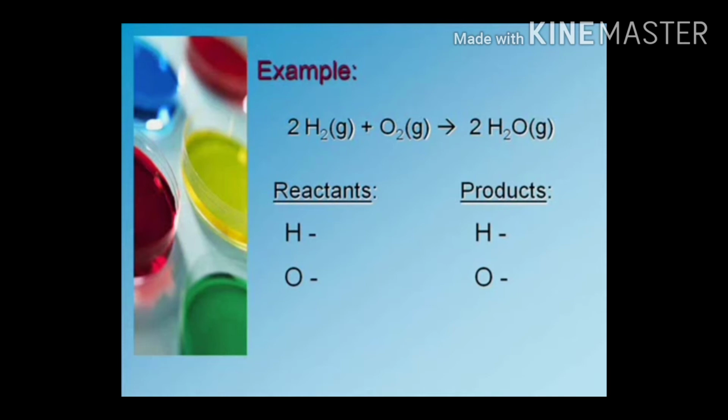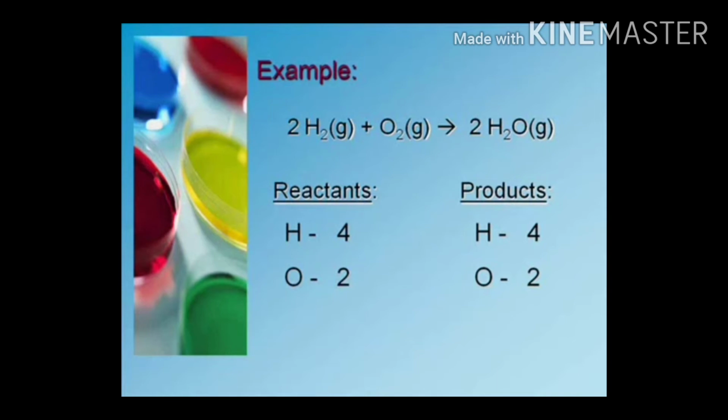If we write the reactants and the products separately, hydrogen here is 2 into 2, 4, and oxygen atoms are 2. Similarly on the product side, when you multiply 2 of hydrogen with 2, that is 4, and oxygen is 2. So on both sides, the number of hydrogen atoms in the reactants is equal to the number of hydrogen atoms in the products.